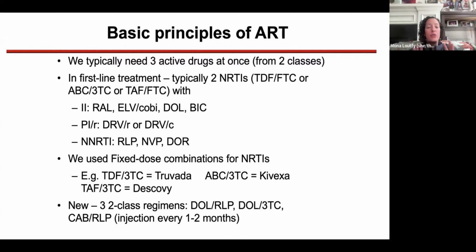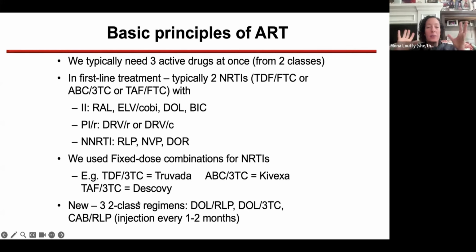We do have three new single tablet regimens, or 3 new regimens that are 2-class regimens. So I already told you about that. Dolutegravir with rilpivirine is Juluca. Dolutegravir with 3-TC is Dovato, and then cabotegravir rilpivirine is Cabenuva.